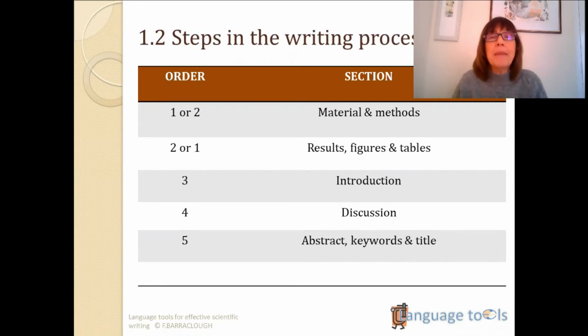Obviously, the materials and methods are the simplest if you have followed some standard protocols. And perhaps this is a good place for you to start, okay? And obviously the results, the figures and the tables are the basis, they are the foundation of your paper, and therefore this could also be a good place to start, okay?